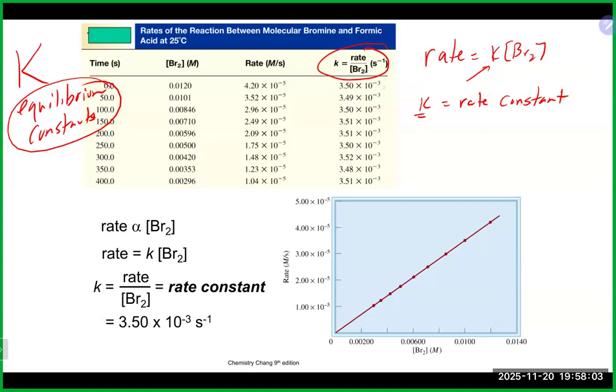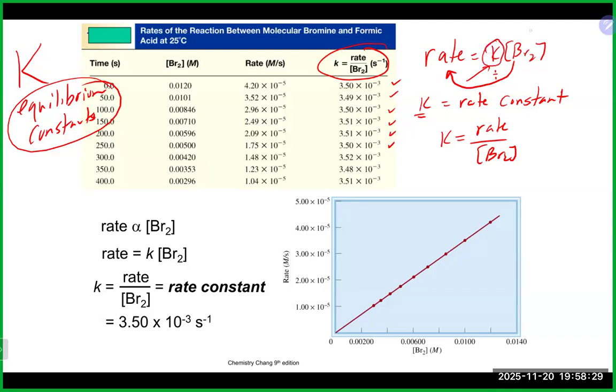So you can see that if you solve for the rate constant, the rate constant is equal to the rate in this particular example divided by the concentration of Br2, by dividing that to the other side, you do get a relatively constant value. The rate constant you could think of as how fast or slow the reaction takes place. You can see it in this rate law.